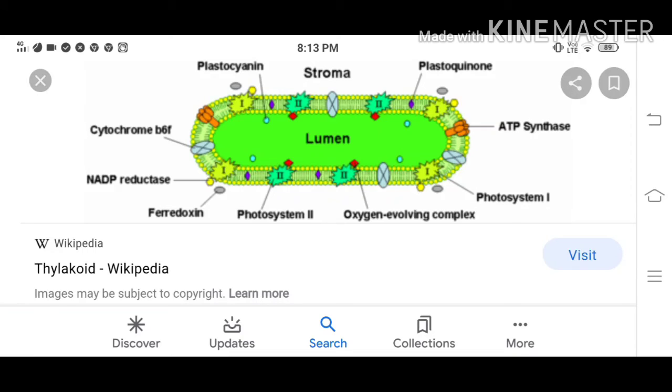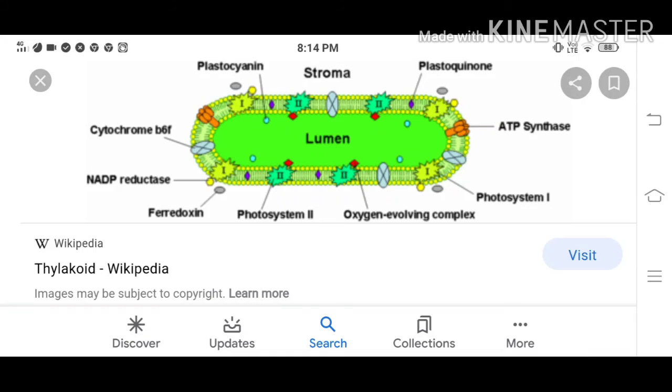That is the first step. Second step is splitting of water molecules, which is called photolysis. Photo means light, lysis means breaking. With the help of light, photolysis of water will take place. So sunlight will help in breaking of water molecules. So photolysis of water is the second step.